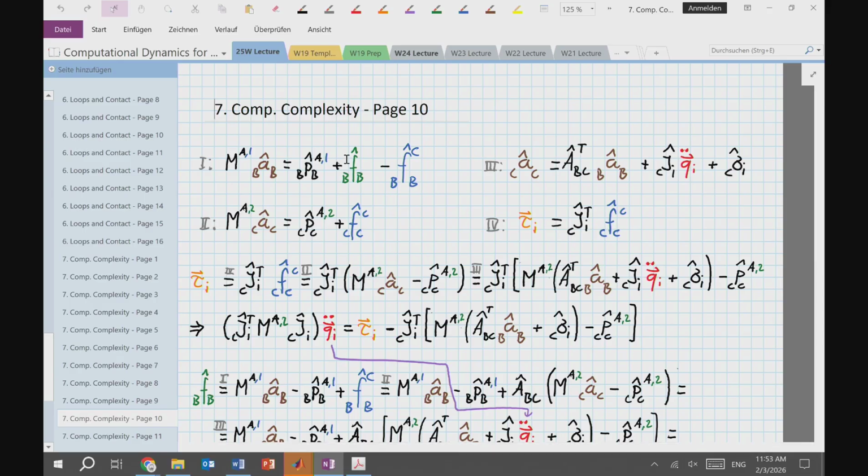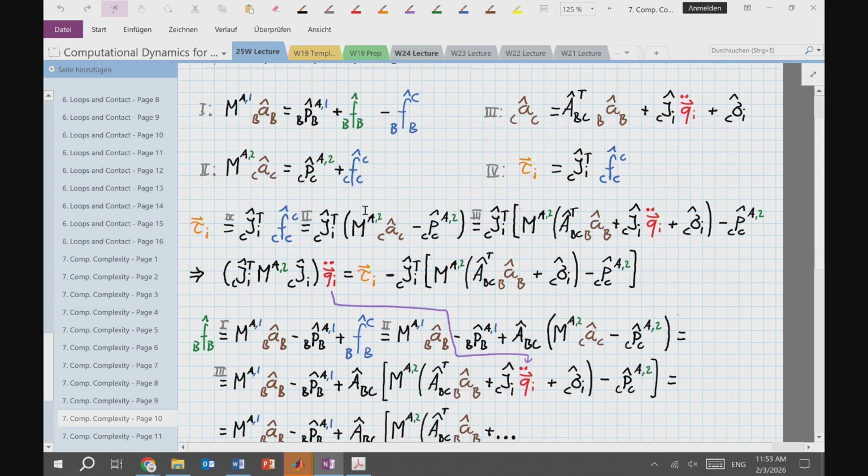Where I say the acceleration of handle B times the mass or articulated inertia of the subsystem is given by these forces, and the acceleration of handle C times the articulated inertia of the second subsystem is given by these quantities. And what now follows is just plug and evaluate. And where I start is with this, right?